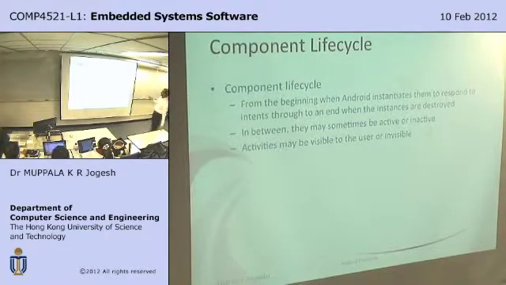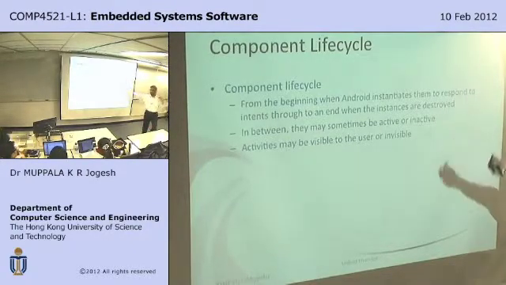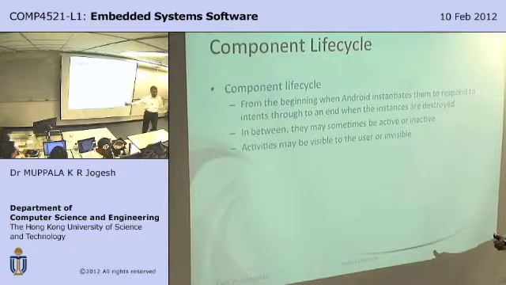So it responds to intents through to an end when the instances are destroyed. When an instance of a component is created, it will stay, and then it will disappear at the point when it is no longer needed. So between the point when the component starts up and the point when the component is destroyed, the component goes through certain life cycle changes along the way.